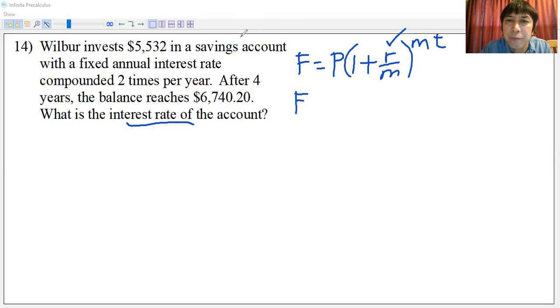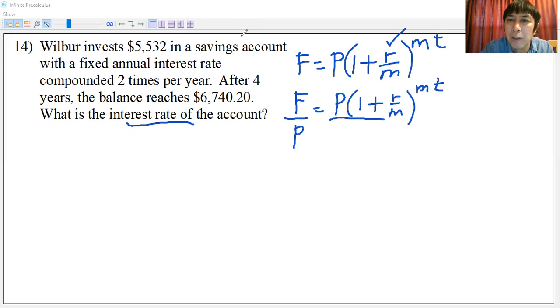So we have F equals P, 1 plus R over M, raised to the power MT. If we divide by P and divide this by P, this cancels out.